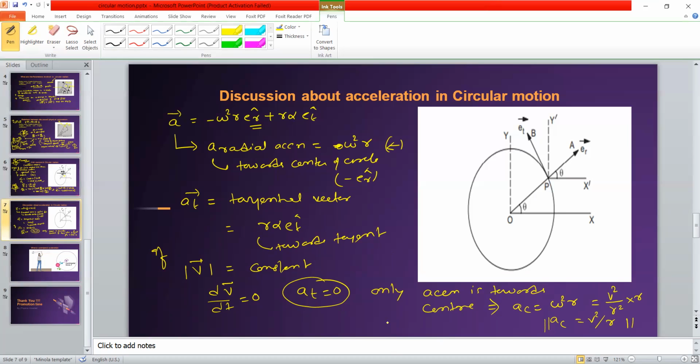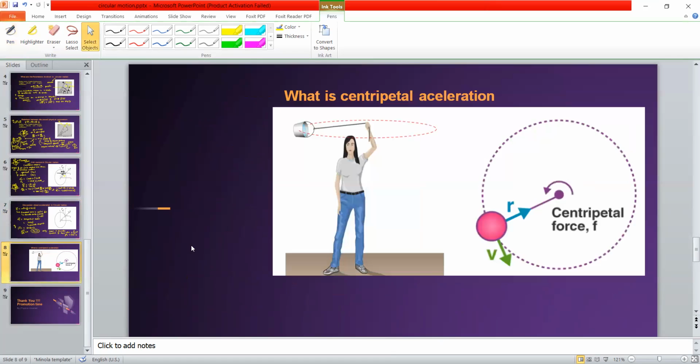So what is centripetal acceleration? We may define centripetal acceleration as the radial acceleration that acts on a particle while moving in uniform circular motion.